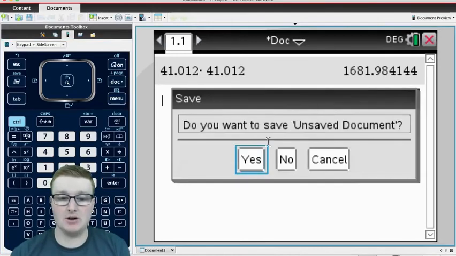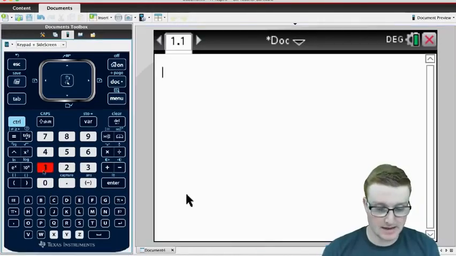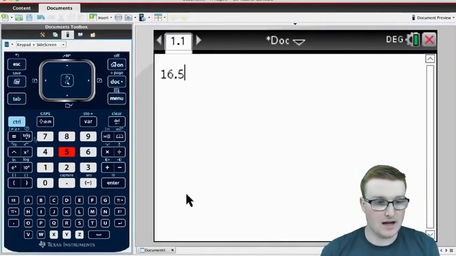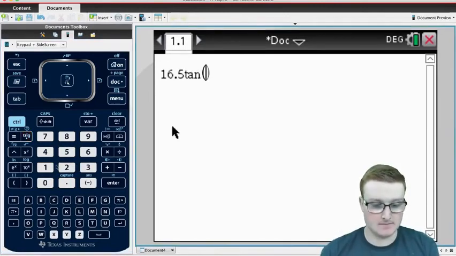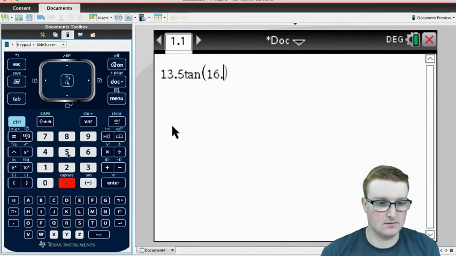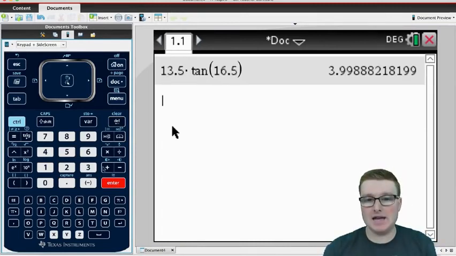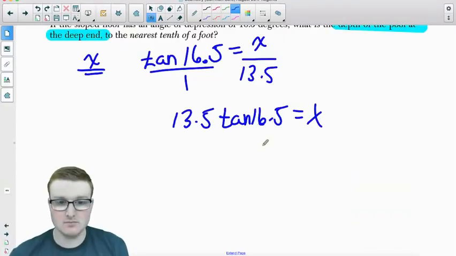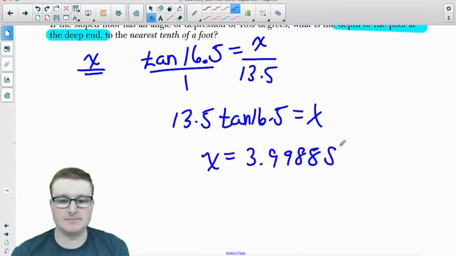Go to your TI-Nspire graphing calculator and type it in: 13.5 tangent of 16.5. That gives 3.99888. So x is equal to 3.99888.